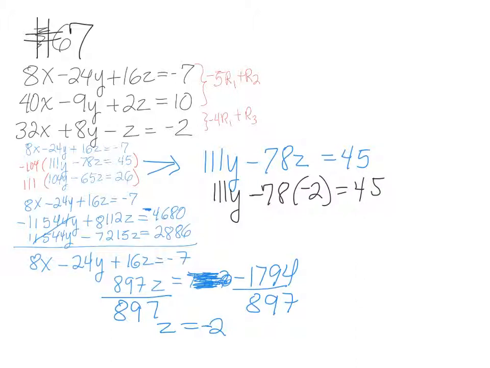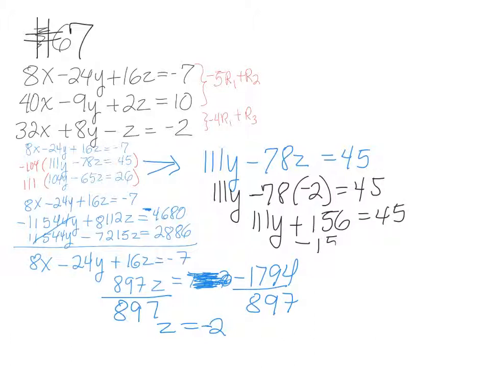So negative 78 and negative 2, that is positive 156. So this is 111y plus 156 equals 45.